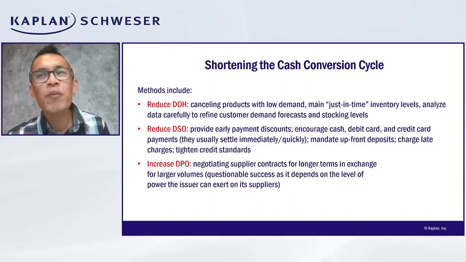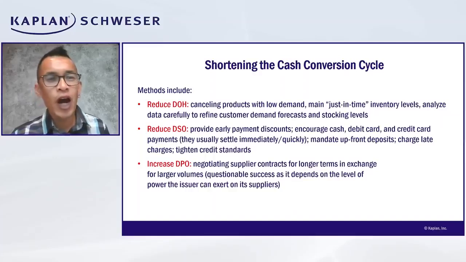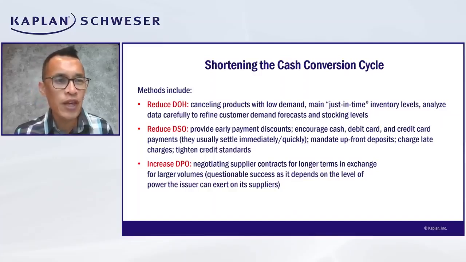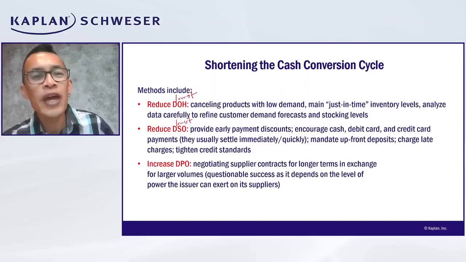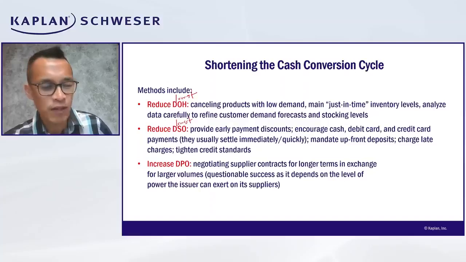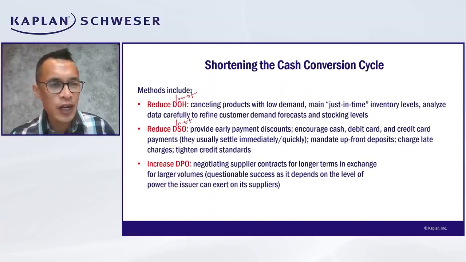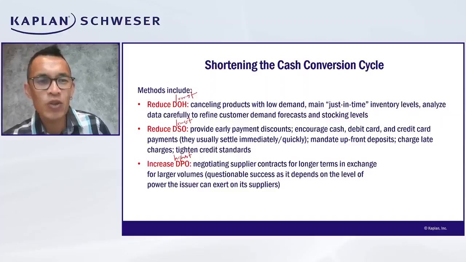So in other words, from a big picture perspective, what you want is the lowest days on hand, and you want the lowest sales outstanding, right? Because those will increase the cash conversion cycle. And you want, of course, the highest DPO, because that will decrease the cash conversion cycle.